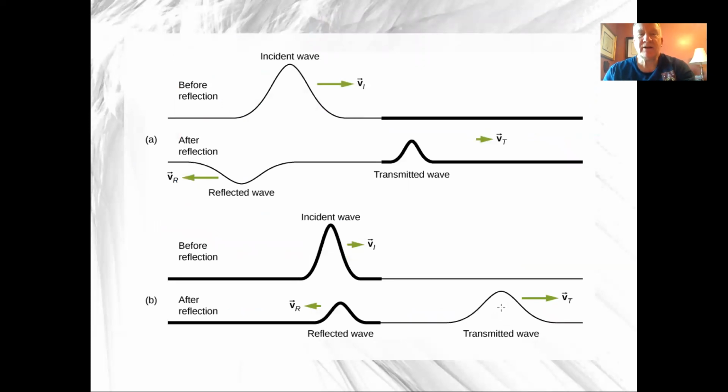So what are we talking about here? We take an incident wave and we send it down a line. For instance, here it's going fast. Here's a thick cable, it's going slow. We talked about this earlier. We get a reflection and a transmission. By the way, if we're moving from slow to fast, the reflected wave remains in phase with the incident wave.